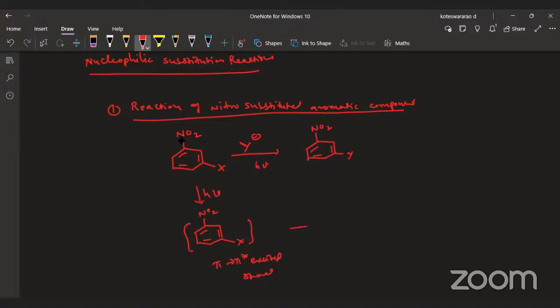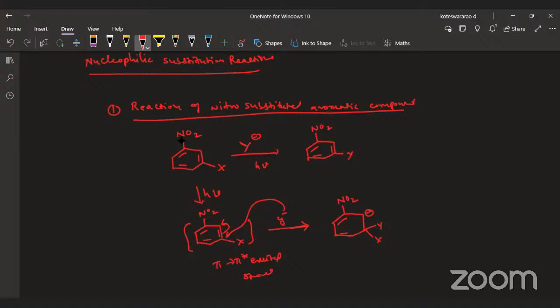Then this is reacting with Y minus. Then this is attacking at the meta position. It is influenced by the nucleophile. Then at the higher energy state, they accept the pair of electrons from the Y, and this pi electron pair will be moving to here. That will appear as a negative charge.